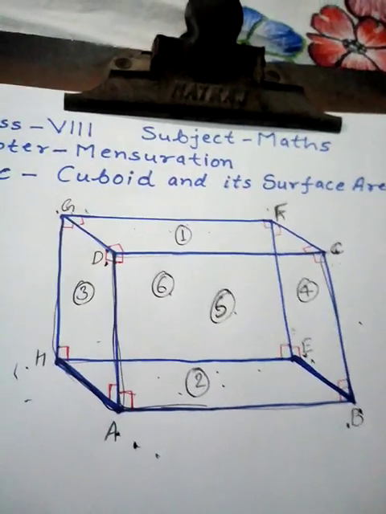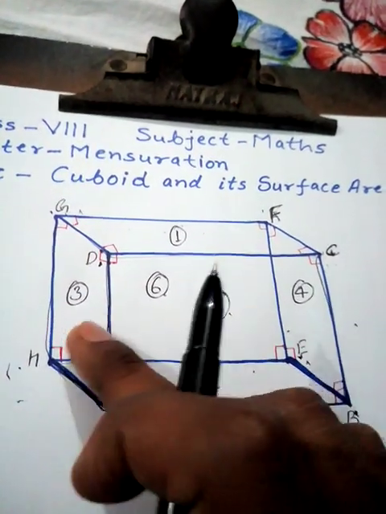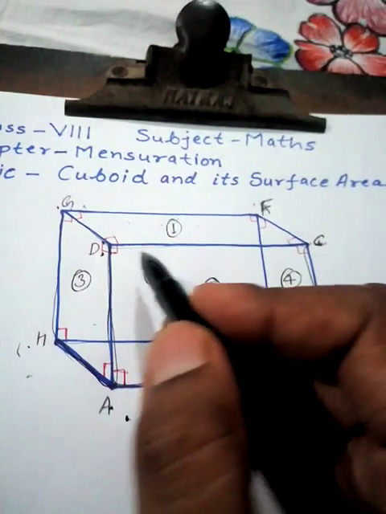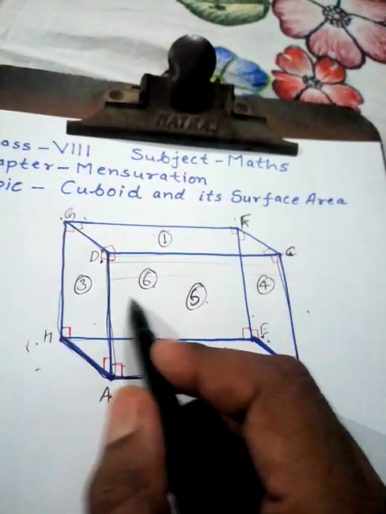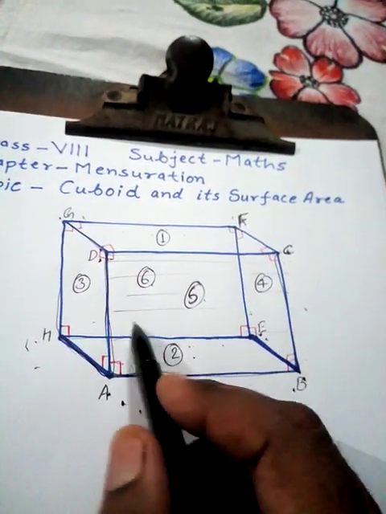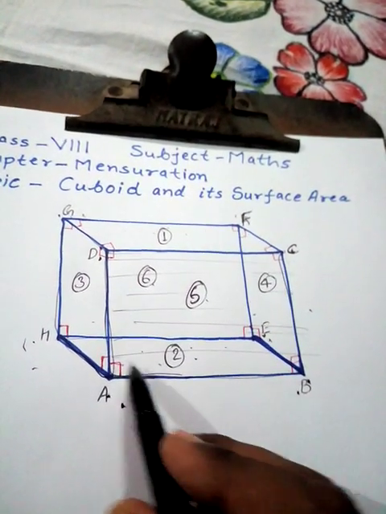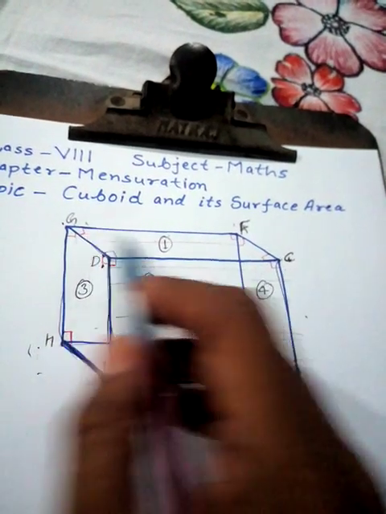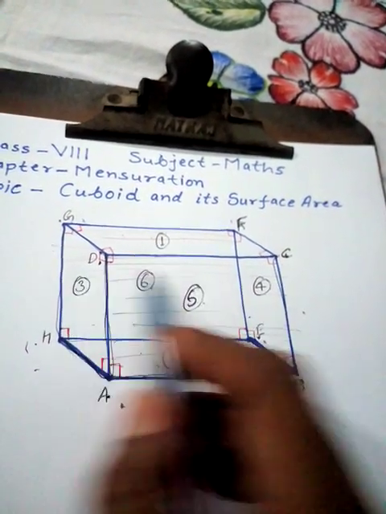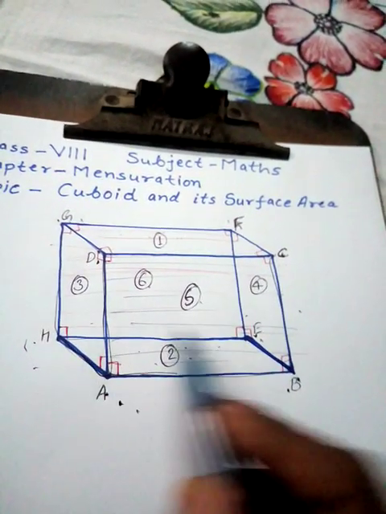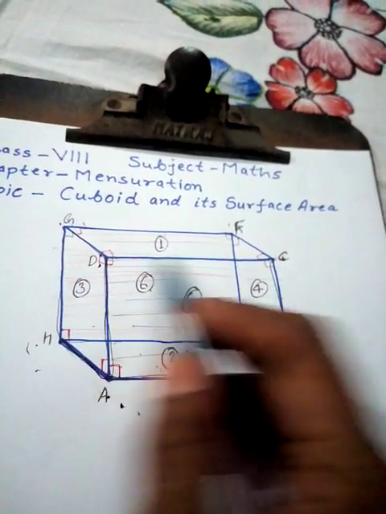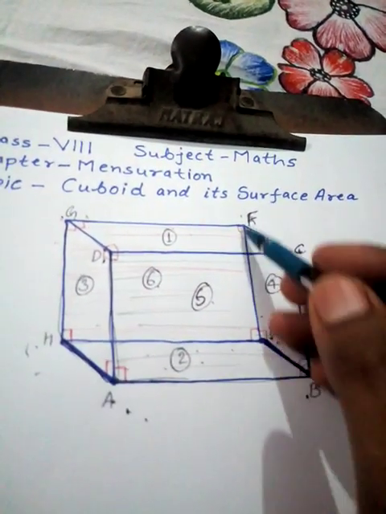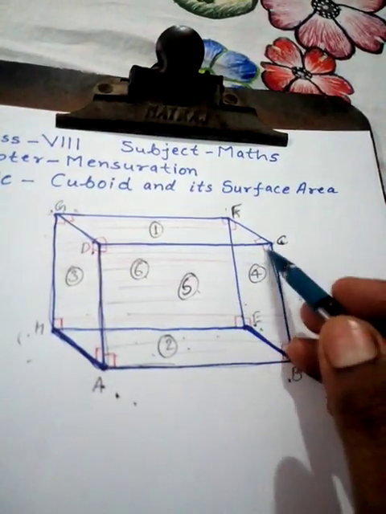And you can see also 1 and 2 are exactly the same, 3 and 4 are exactly the same, and 5 and 6 are exactly the same. This is the 6th surface and this is the 5th surface.